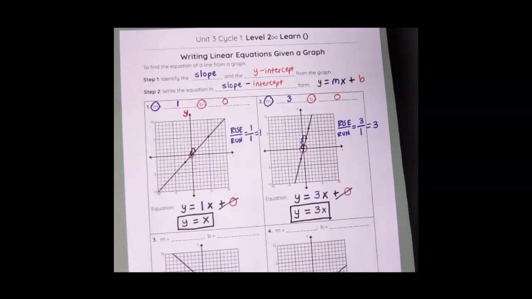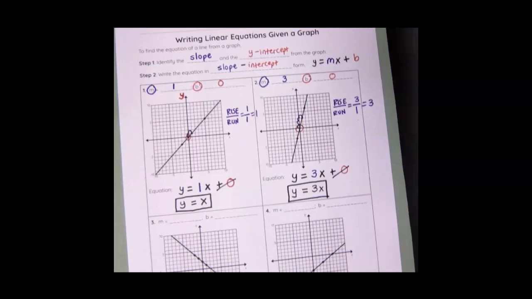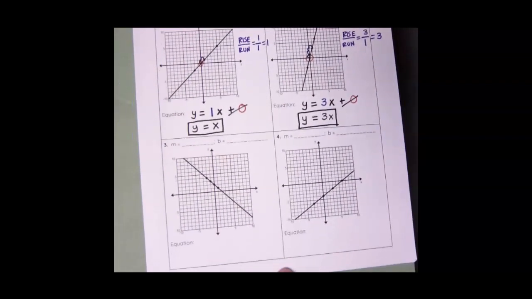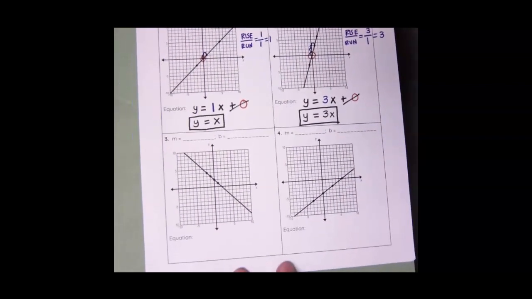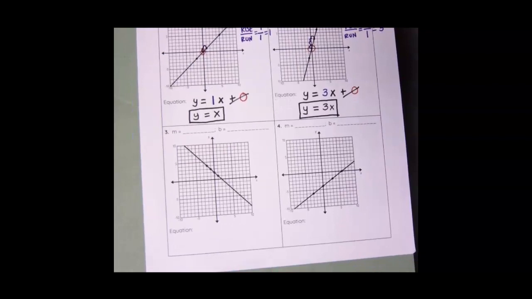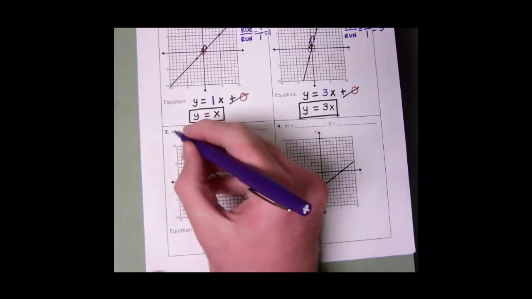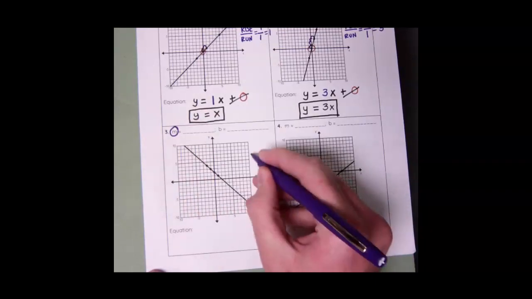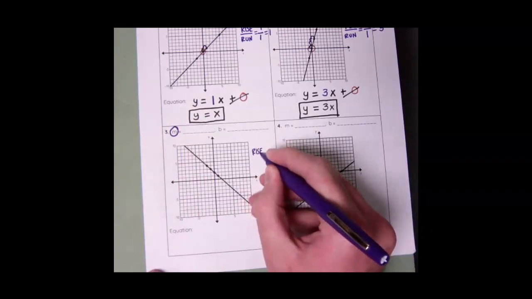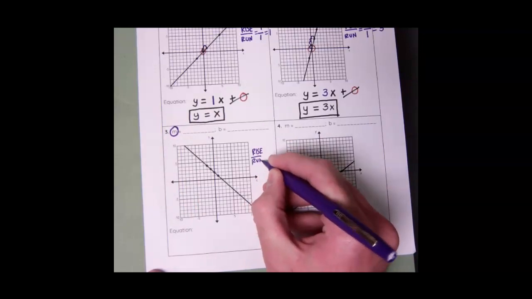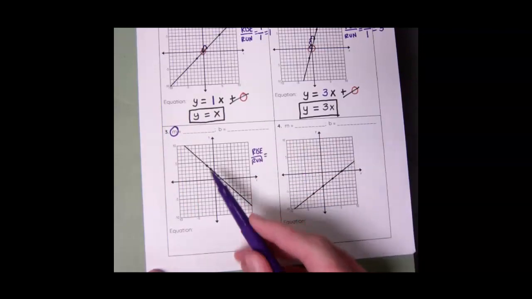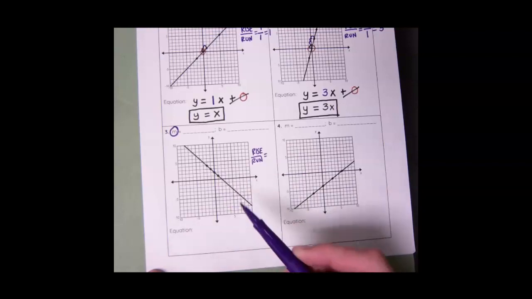Okay. So let's take a look at number 3. I'm given a graph, and now I need to find the slope and the y-intercept of this one. That's my first step. So the slope, remember, is rise over run. Here, let's pick these points. So this one and this one.